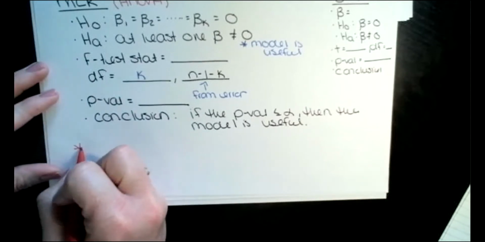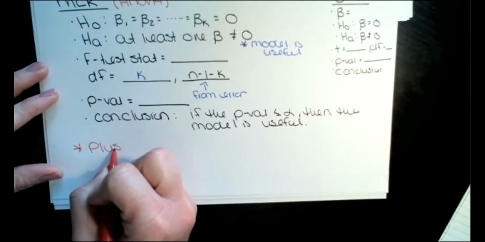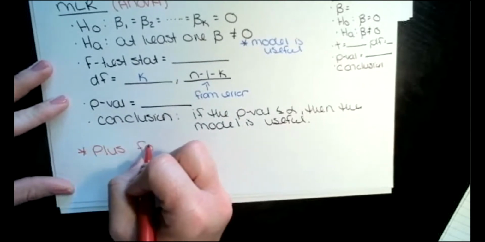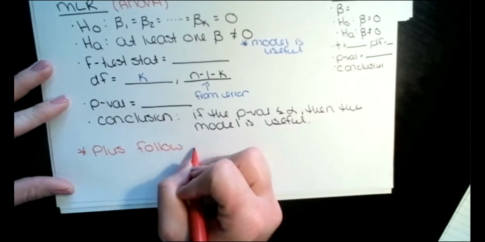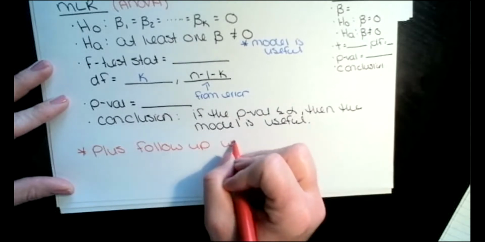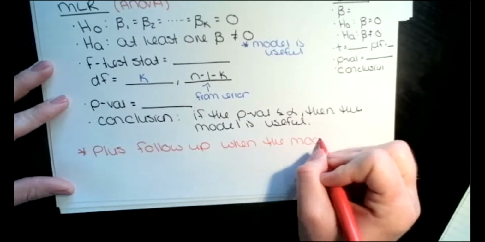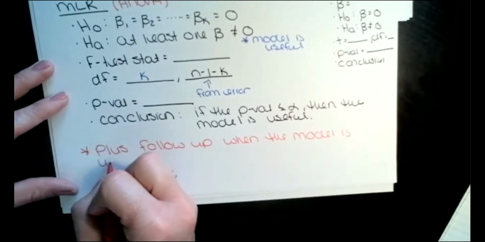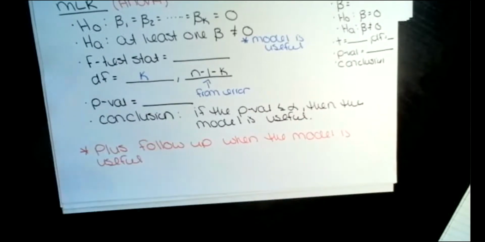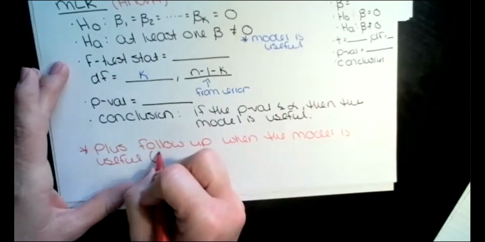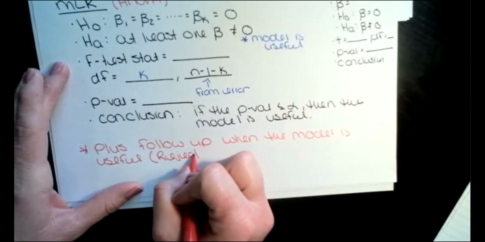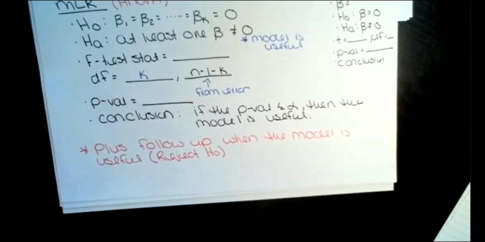I'm going to write it here. Plus our follow-up when the model is useful. If the model is useful, we want to know which predictor is useful. So I'm just going to say when we reject the null. When we reject our null, we're going to move on and do a test for individual predictor significance.